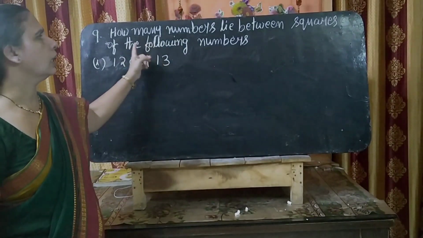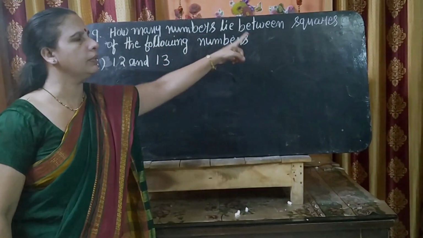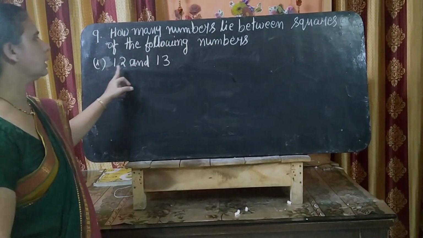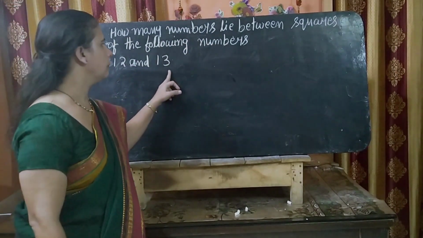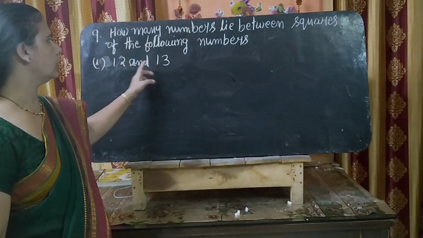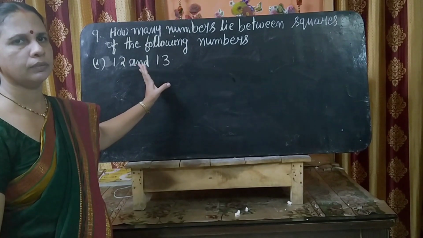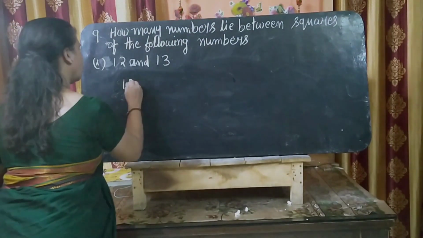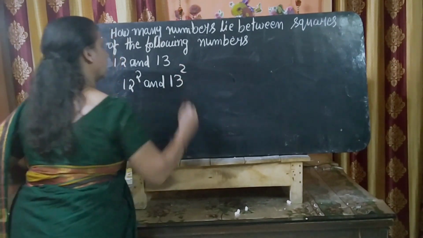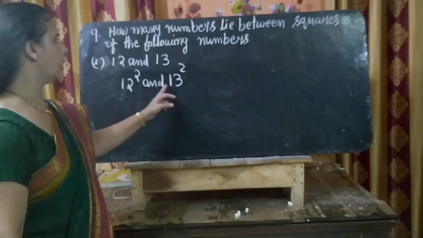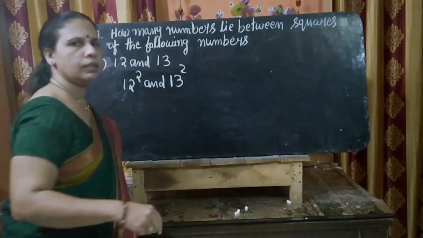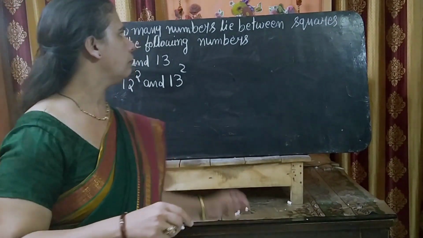Ninth question: how many numbers lie between squares of the following numbers? The first question is 12 and 13. In between the squares of these two numbers, that is 12 square and 13 square, how many numbers lie? We can use one method.